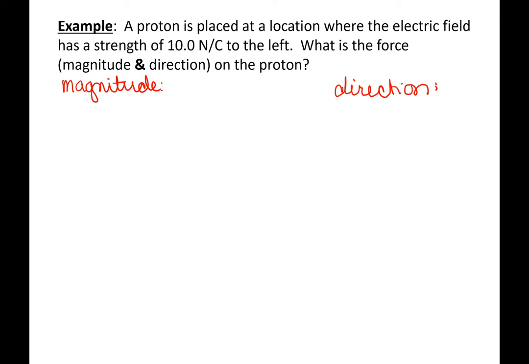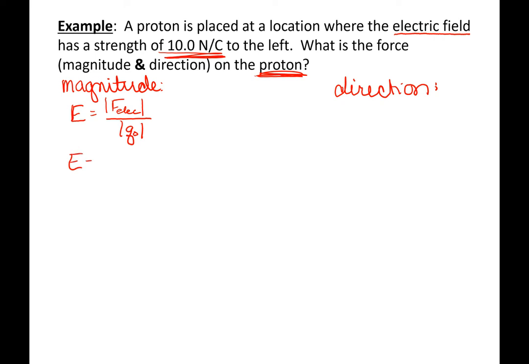So when we start with the magnitude, we can say that the electric field strength is equal to the electric force acting on the charge divided by the small charge experiencing the field. Okay, so in this case, our electric field has a strength of 10 newtons per coulomb, and our charge is a proton.